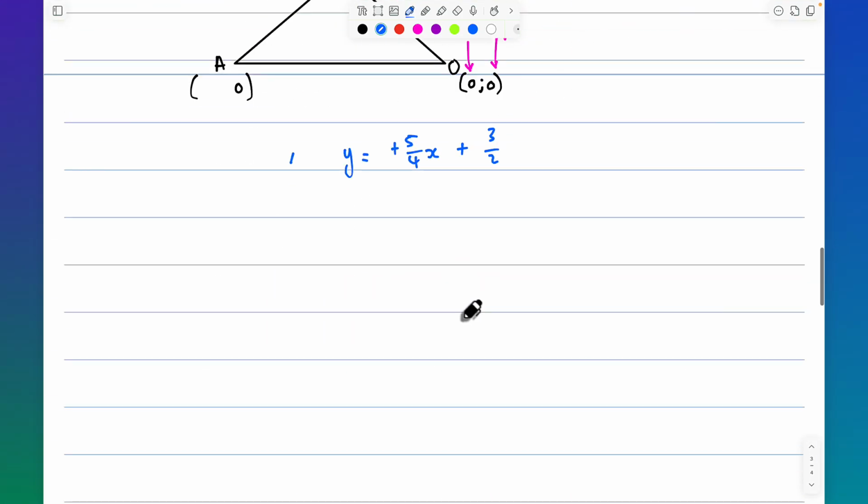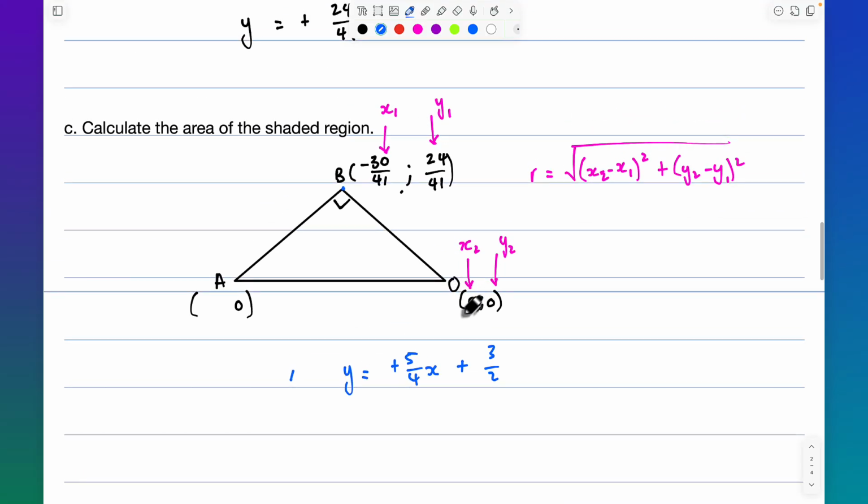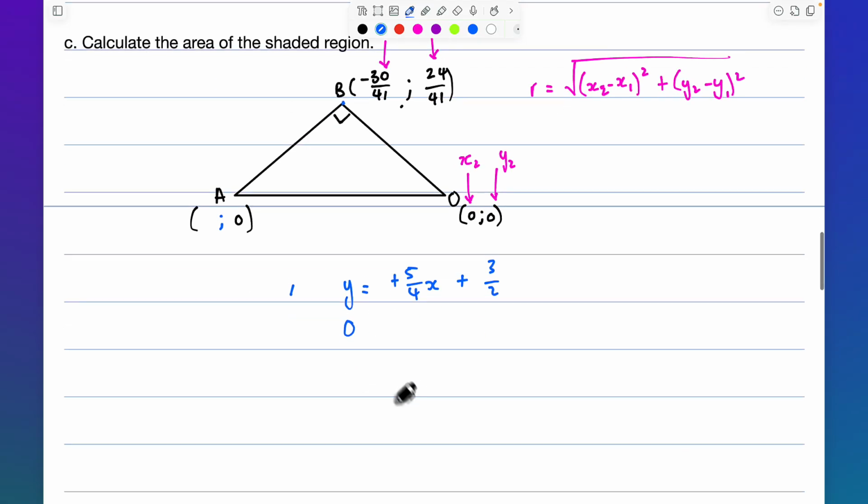Yes, okay, right. So now how do you find the x value? Remember, we're looking for the x value when y is equal to 0. So we set y to be 0, and then we calculate x. 0 equals 5 over 4 x plus 3 over 2. So we're going to take the 3 over 2 to the other side. It becomes negative 3 over 2 equals 5 over 4 x.